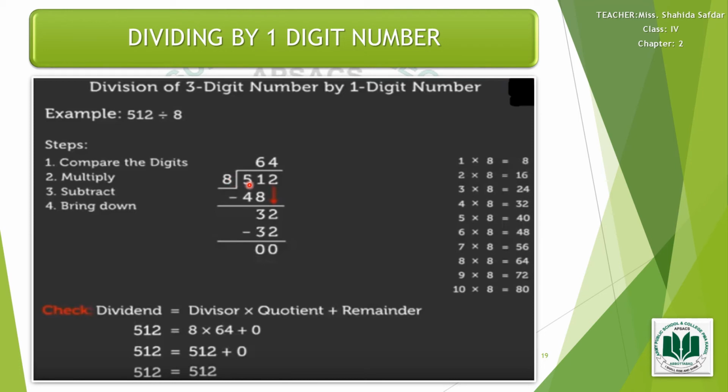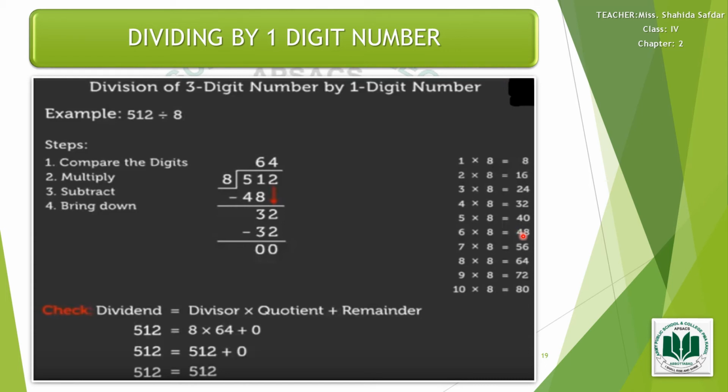As 5 is less than 8, we consider 51 together. As you can see, 51 is greater than 8. So by using the table of 8, let us find the product which is equal to or less than and nearest to the digits of the dividend.